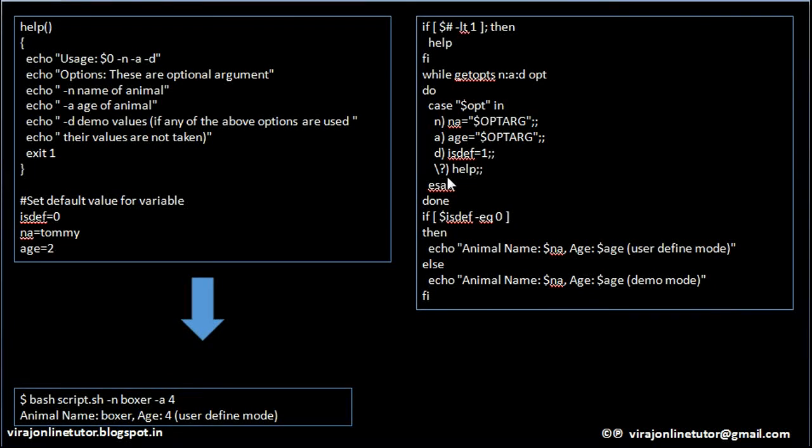Suppose you have typed a question mark, it will display help. So it will treat only these particular command line options passed by the user. If you pass anything else, it is not going to help us in any way. So getopts is a professional way of handling your command line switches. Clear? So let's discuss more concepts in upcoming lectures. Thank you.